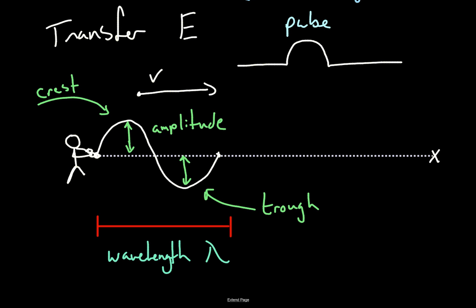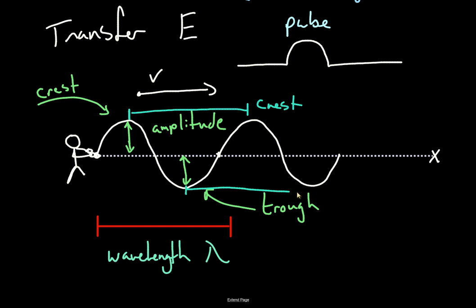Now, if you continue to oscillate this thing, you get a continuation. Sometimes it's a little easier with wavelength to realize that it's either crest to crest or trough to trough. So that's also considered to be a wavelength.